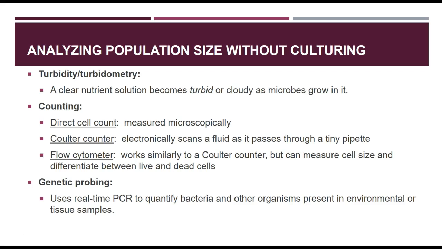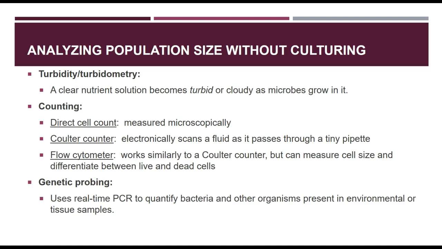We can also use a culture counter, which electronically scans the fluid as you add it with a pipette through a little funnel, and it will scan the fluid and count the number of microorganisms that pass through that light beam. We can also use a flow cytometer. It works kind of like a culture counter, but it actually can measure the size of the cell, and it's able to differentiate between cells that are living and cells that are not.